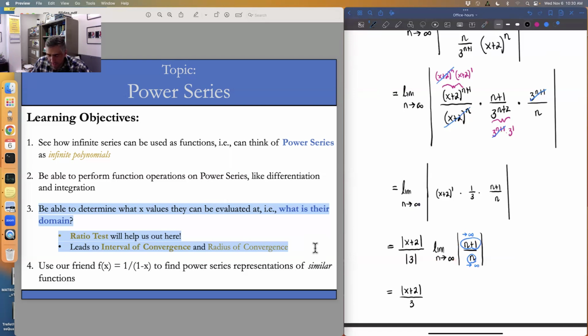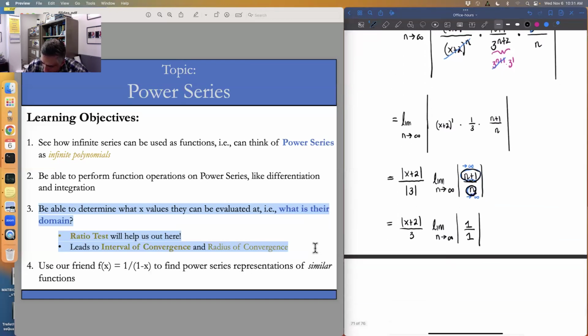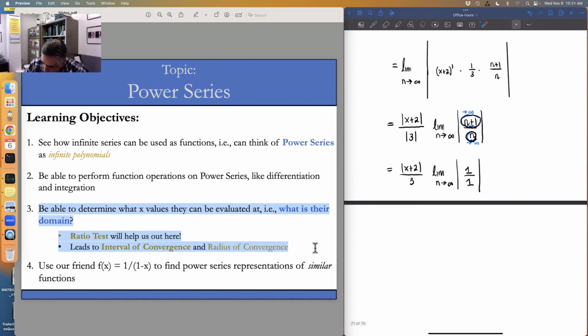Also, we can just write this as a 3, since the absolute value of positive 3 is just 3. And then doing the L'Hopital's for this limit, the derivative of that numerator is just 1. Derivative of that denominator with respect to n is also just 1. So this limit is just equal to 1.